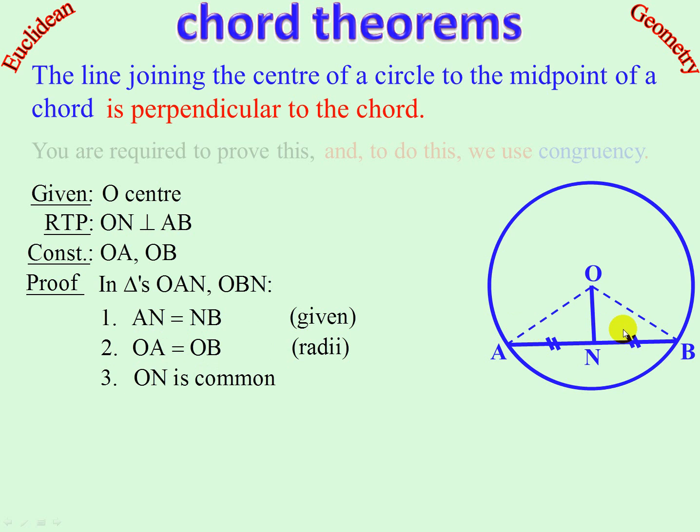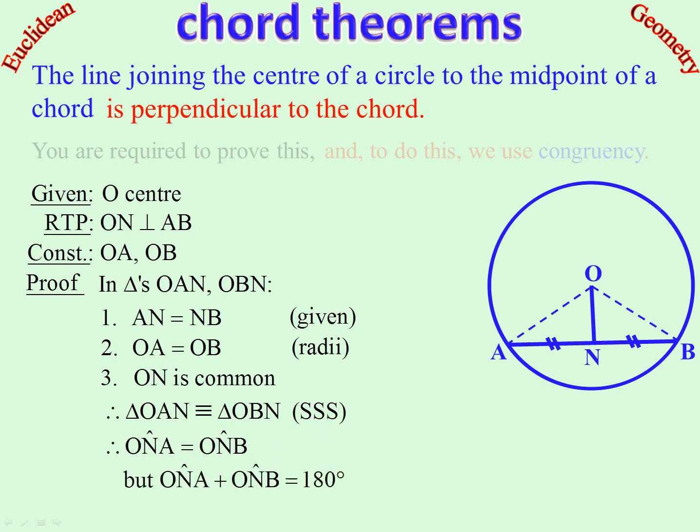So we have these 2 triangles congruent, and we must put the case for congruency. I've stated them in the correct order, and the case for congruency is side, side, side. Therefore, that angle equals that angle. But they add up to 180. Therefore, they are 90, and it's proven.